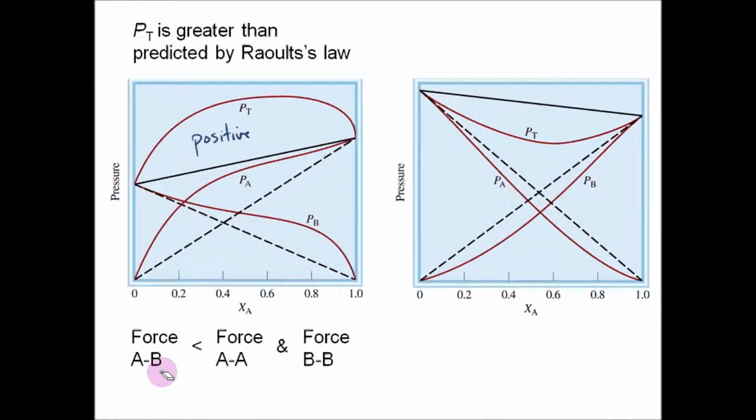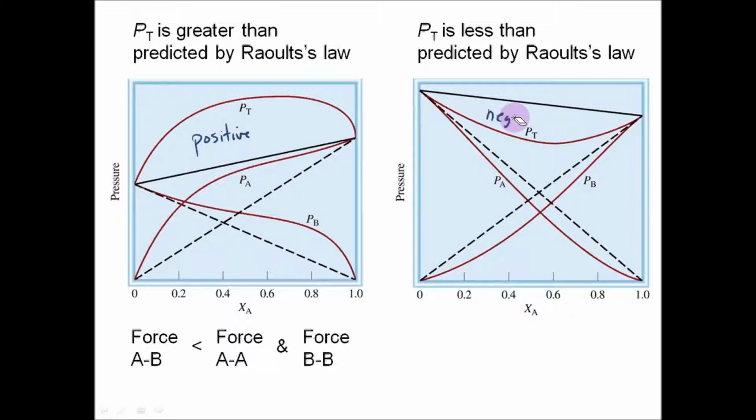We can also see a negative deviation. And here we have an example of the negative deviation. So our actual vapor pressure exhibited is less than the ideal vapor pressure expected from Raoult's law. And this negative deviation is brought upon from the exact opposite reason as the positive deviation.